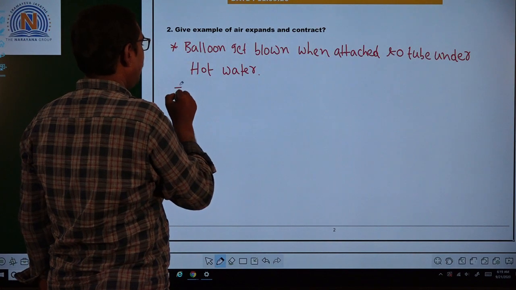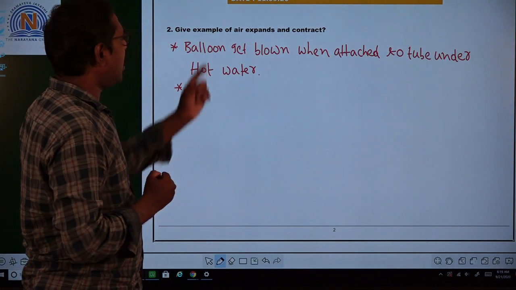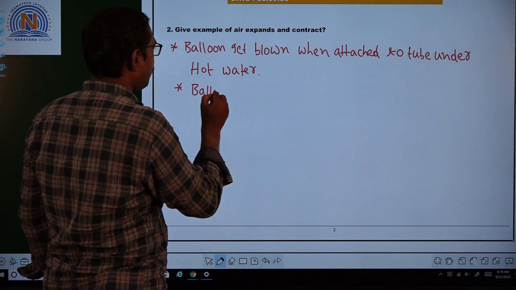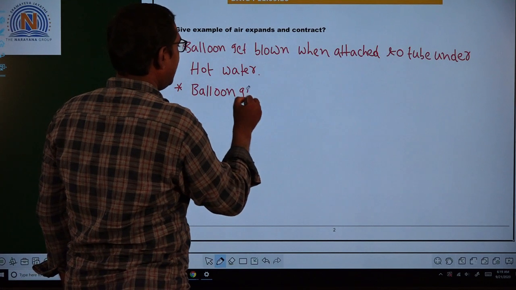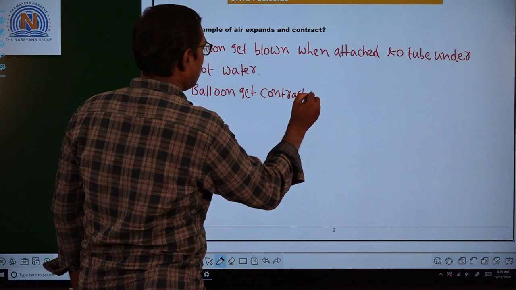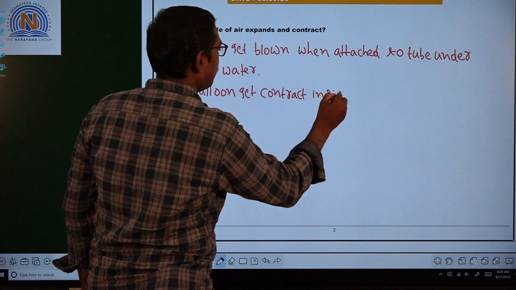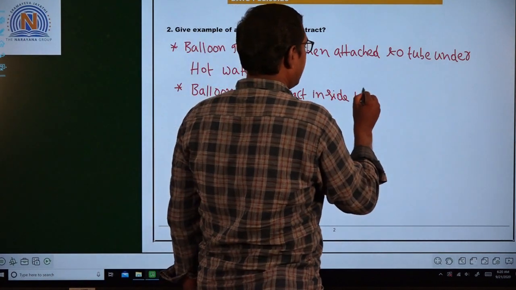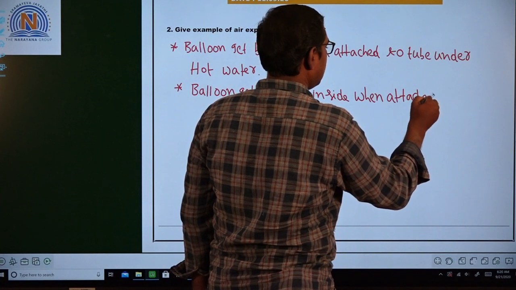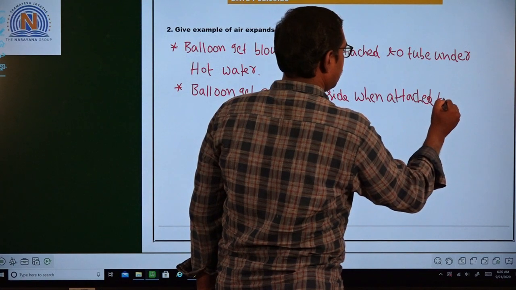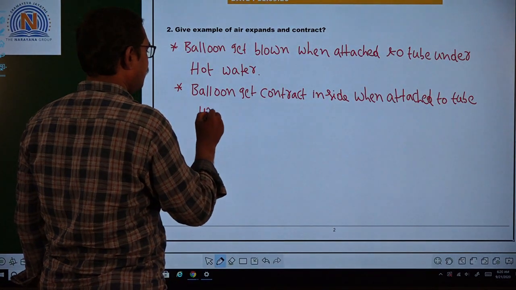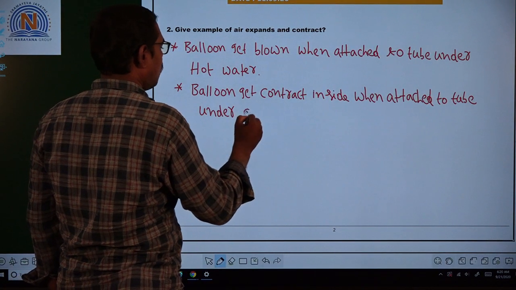That means the air expands. Similarly, the balloon contracts inside when attached to a tube under cold water.